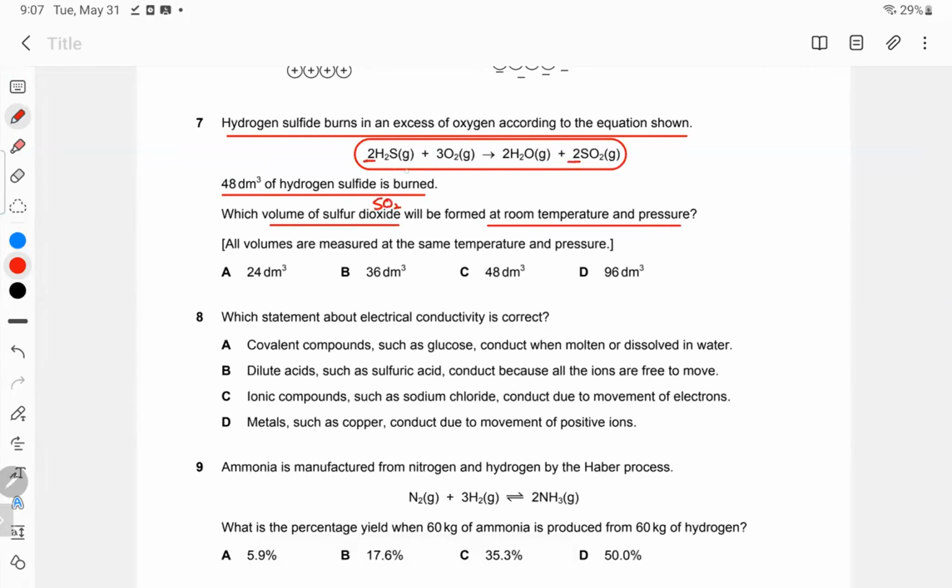So it means if there are 48 dm cube of this one reacting, and it's a gas, so we will get 48 dm cube of sulfur dioxide as well. Is it clear to everyone? Yes, sir. So C is the correct answer.